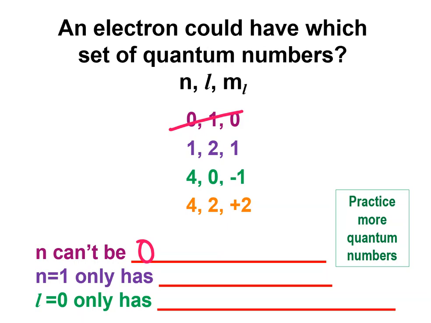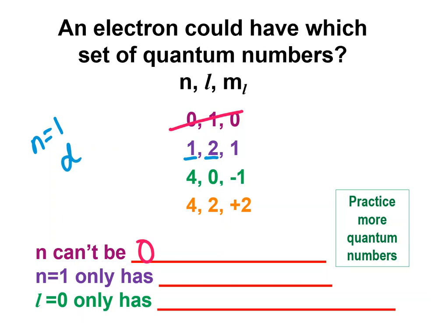Okay, next one, we look at our first number, 1, and certainly there is a first energy level. So that's possible. Then we go to the next one, and this one is 2. Well, what does 2 mean? This would be n equals 1, and then this is the type of orbital, and 2 stands for d.